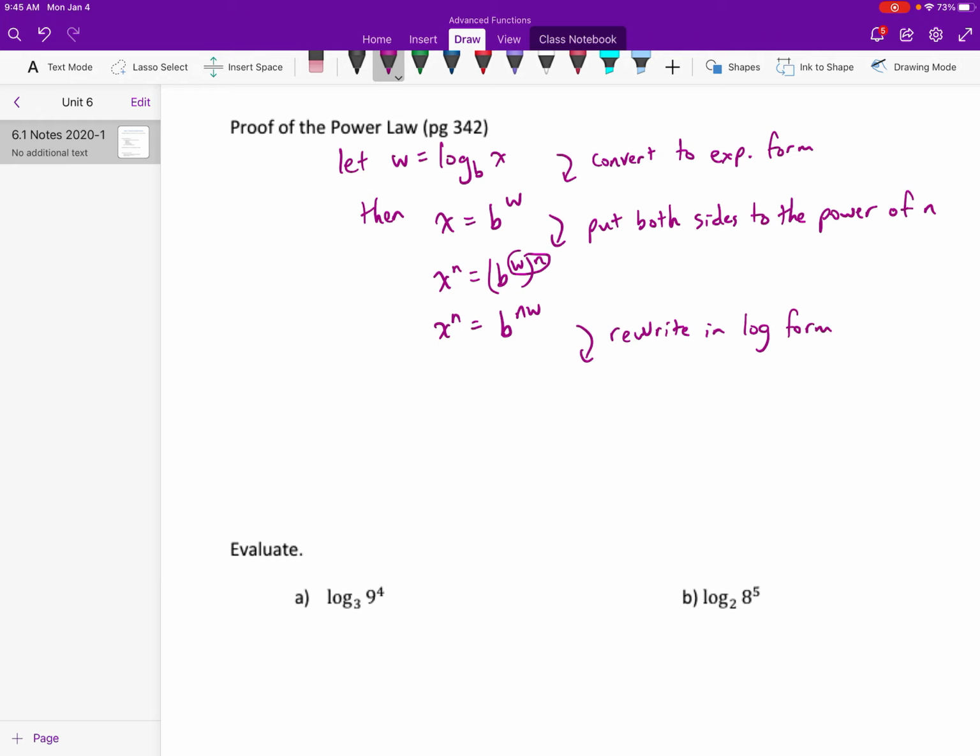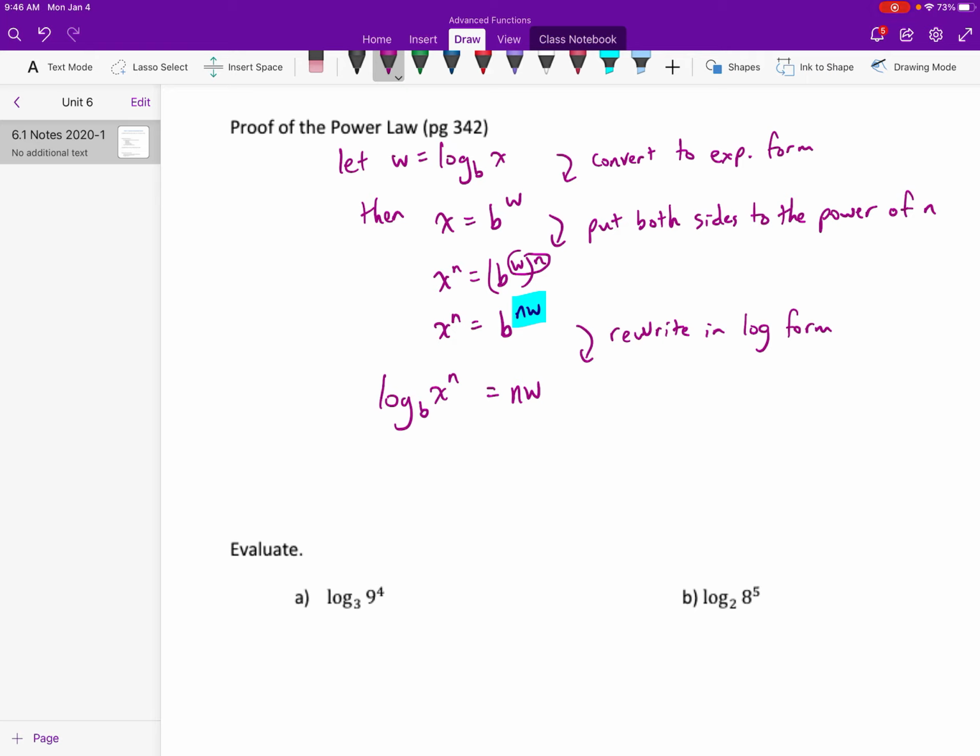This one's going to be a little messy here, but remember the exponent right here is what it is equal to. So nw is equal to log of x to the power of n with a base of b. This is converting from exponential form to logarithmic form.